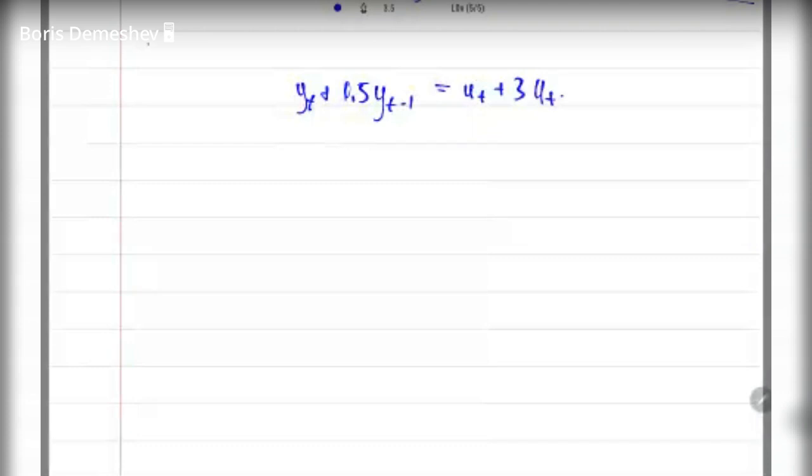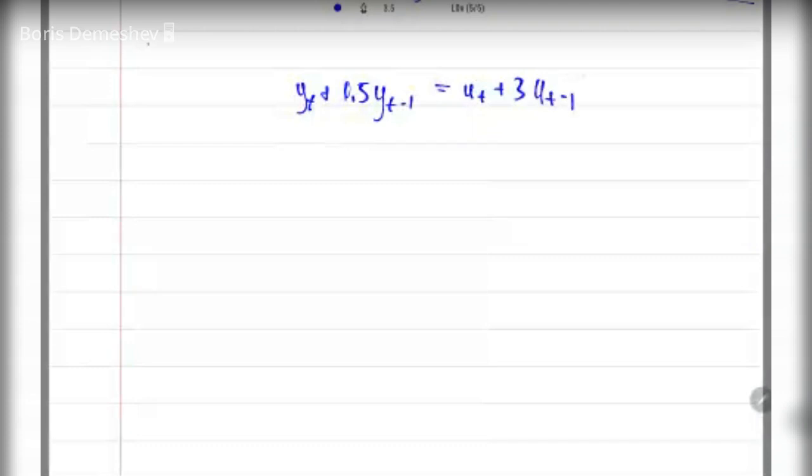So let's consider y_t plus 0.5 y_{t-1} equals, let's say, u_t plus 3 u_{t-1}.